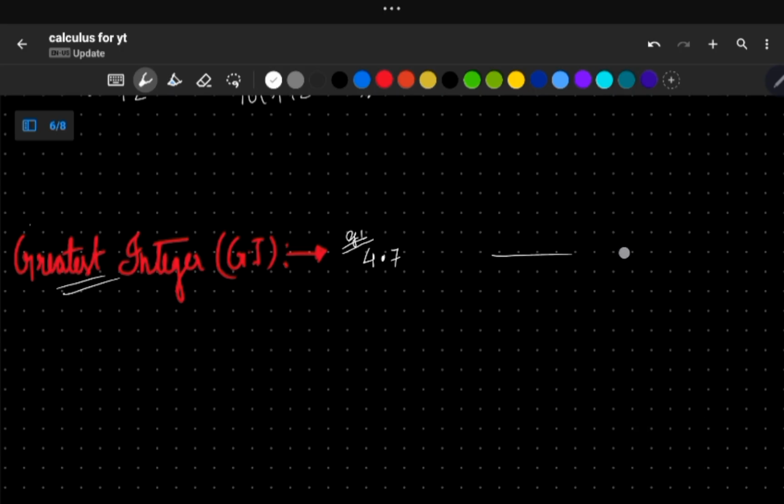If we see on the number line, 4 and 5, 4.7 lies between them. The greatest integer function goes toward the smaller one, not the greater one. So the greatest integer of 4.7 is 4, and we mention it in square brackets.